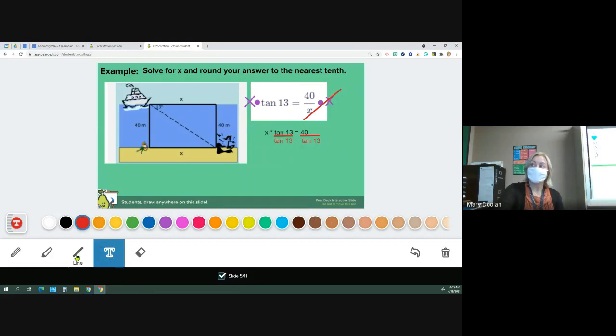And tangent of 13 divided by tangent of 13, anything divided by itself is 1, so that cancels out. And now what I'm left with is x equals 40 divided by tangent of 13.